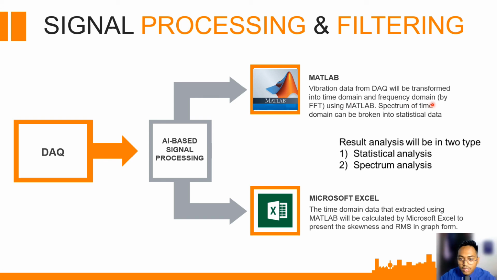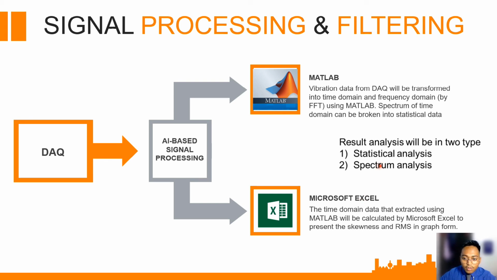Using the fast Fourier transform, FFT method, to transform the data from time domain to frequency domain, so that the spectrum of the time domain data can be broken into statistical data, which can be calculated using Microsoft Excel, so that we can find the skewness, the RMS, and we can present the data in graph form.